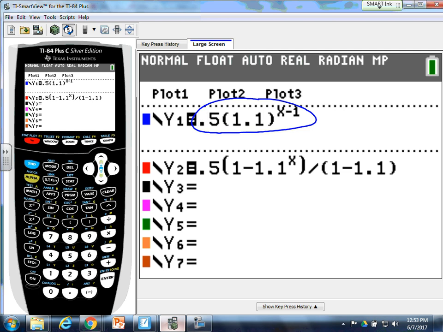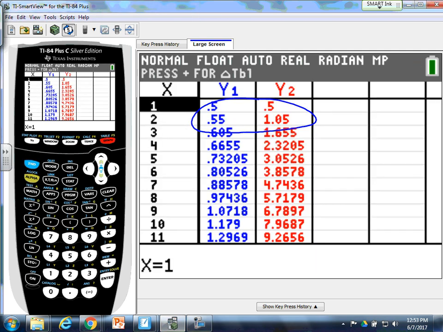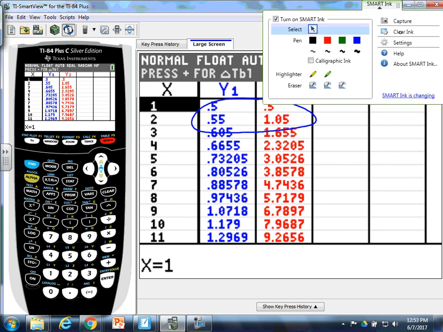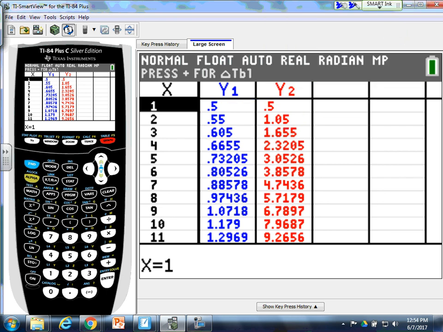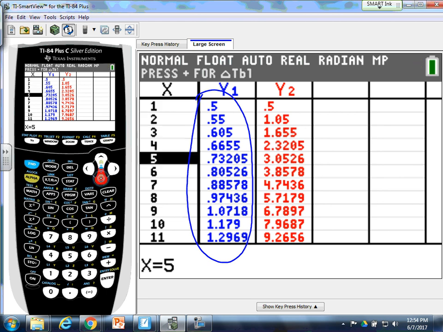I put that formula in, and then if I go to the table, if you notice Y1 there, all these blue numbers, this is the sequence. You could have done part A this way, listing the first 5 terms, there they are. What I want to do is scroll through this list and see how long it takes for that number.